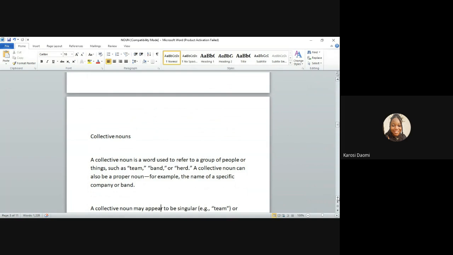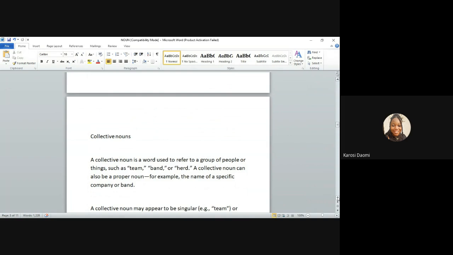It would be challenging for me, maybe in an essay or what have you, to mention everybody's name on the football team. That would be quite challenging. But instead of referring to everybody individually, I can refer to them collectively.